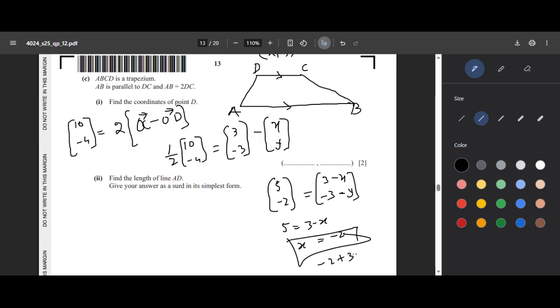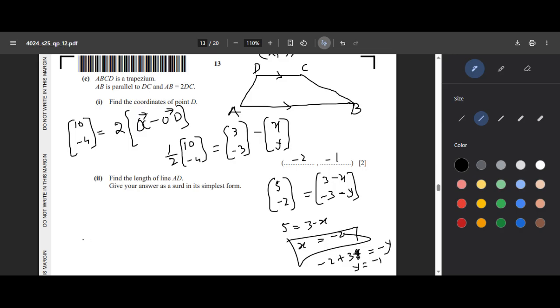Then -2 plus 3 is equal to minus y, and y is equal to minus 1. So this is minus 2, 5 minus 3 is 2, and this is minus 2, and this is minus 1.